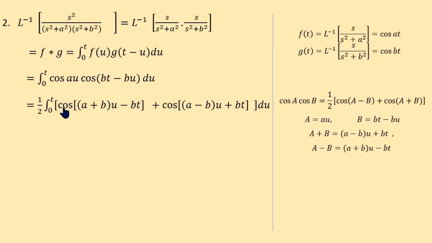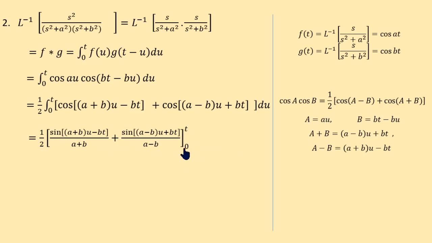integral of cos is sin theta by coefficient of u, that is a plus b. So half of sin of angle, (a plus b)u minus bt, divided by a plus b. Here also integral of cos is sin((a minus b)u plus bt) by (a minus b), and carefully apply the limit for u.